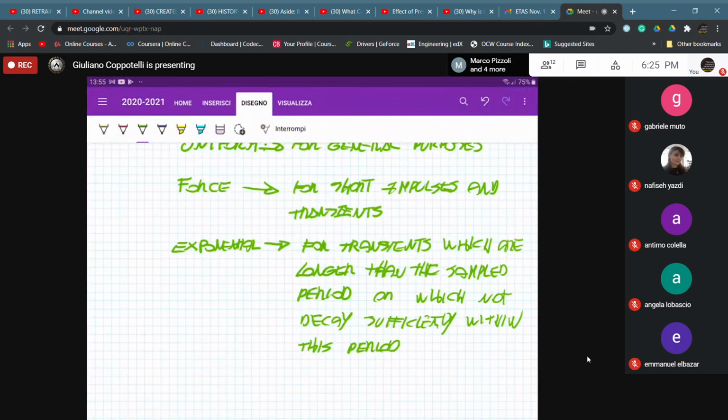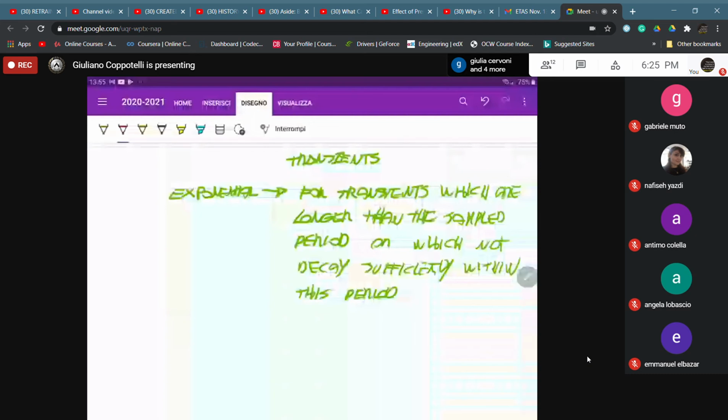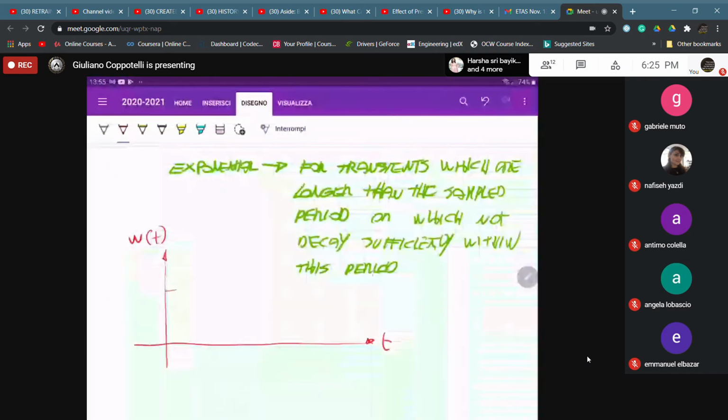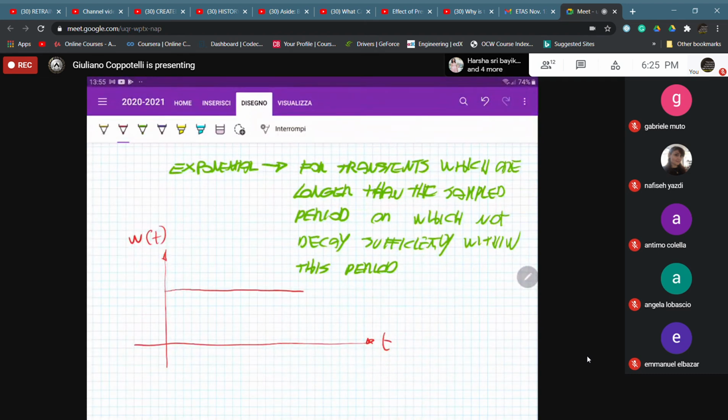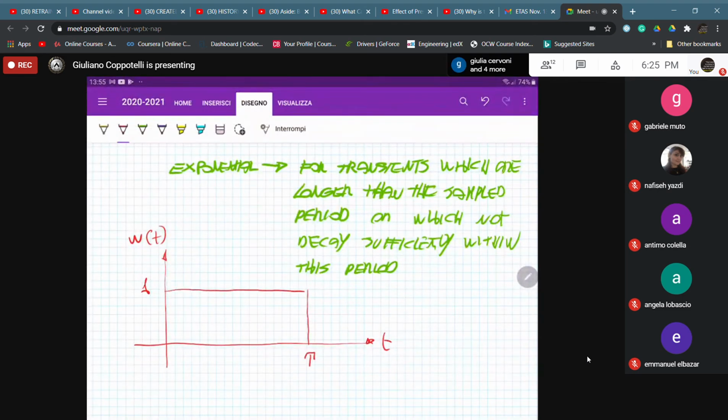The typical shapes are like that. This is the entire domain, this is the windowing function. The uniform one is something like this, with one on the y-axis and capital T at the end of the observation time. That is your uniform.